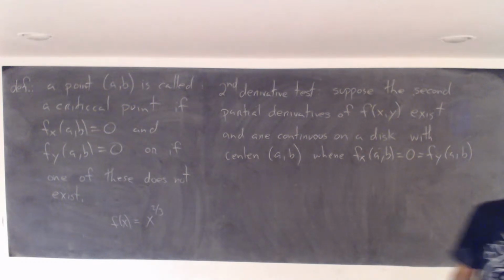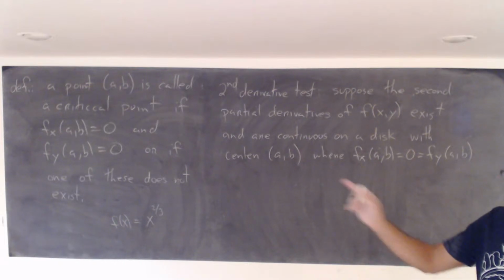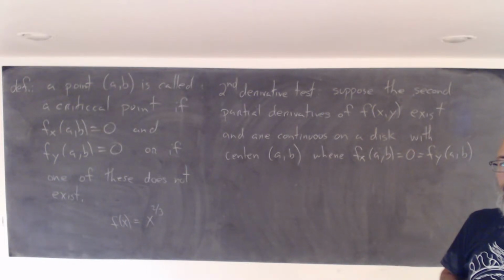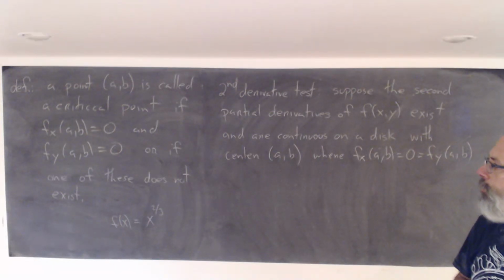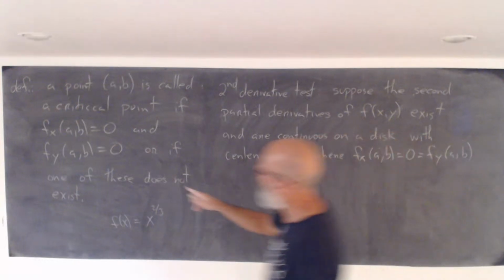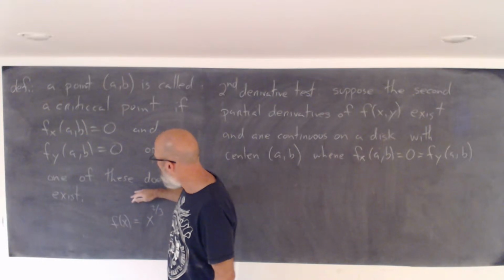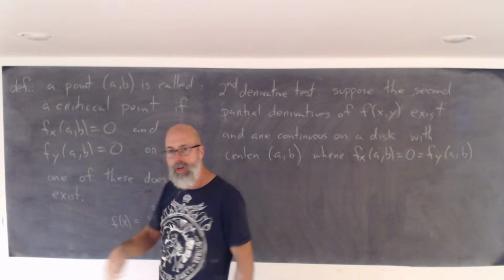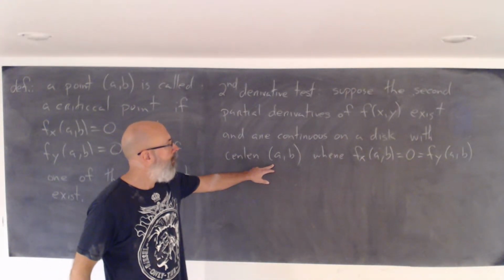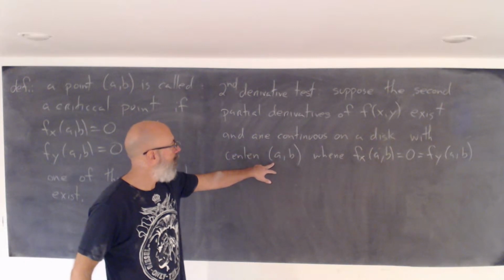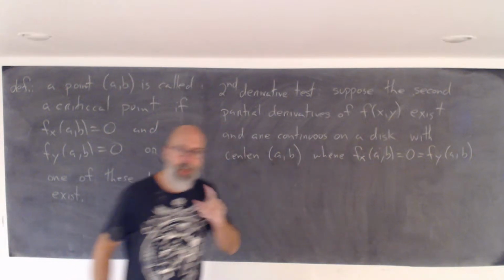And let me take a moment to point out, if we had used the other definition, right? Some books say that a critical point is where the derivative is 0, and if the derivative does not exist, they would call that a singular point. Here, all we would have had to say was that f is continuous on a disk of center (a, b), where (a, b) is a critical point.